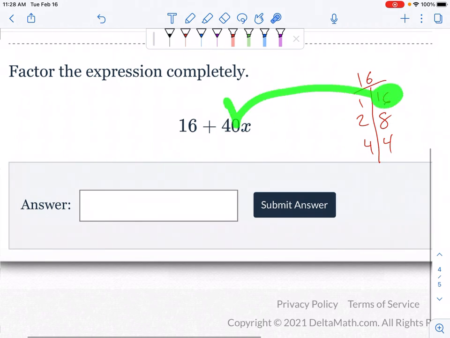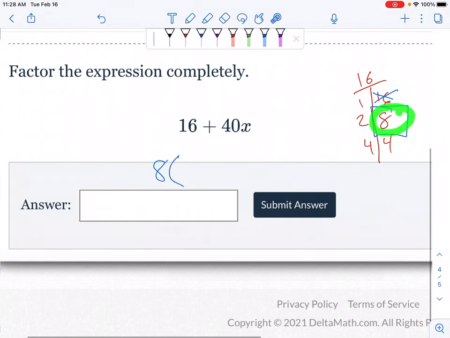Will 16 go into 40? So on your calculator, if you do 16 divided by 40, you get a decimal. Doesn't work. Okay, how about 8? Does 8 go into 40? 40 divided by 8 makes 5. So 8 is our greatest common factor. So if I were to divide out an 8, 8 is going to leave me with 2 for my 16.